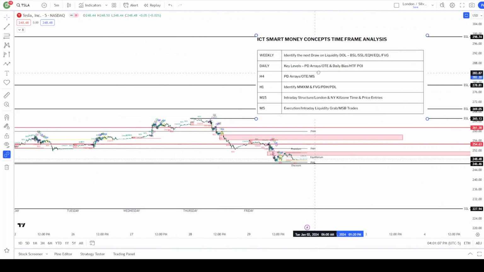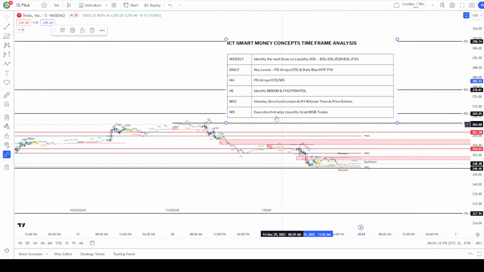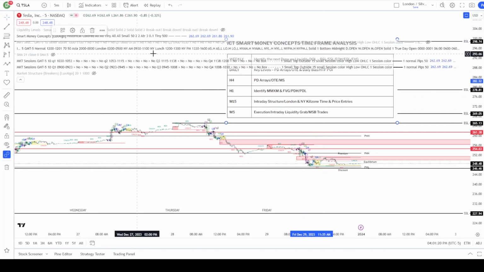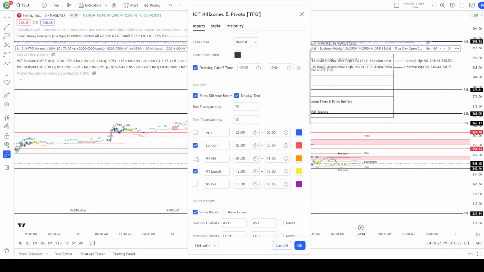So when you're looking at your chart intraday and you're in your trading session, you're looking at these kill zone times and you're wondering, well, what is that kill zone time? Well, those kill zones, let me pop this up, are Asia, London, New York AM, PM, right?